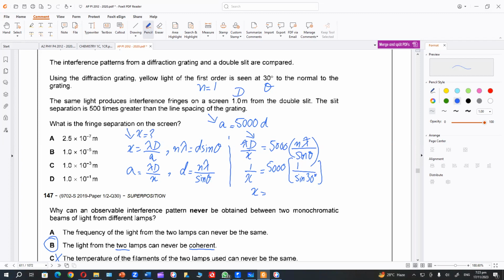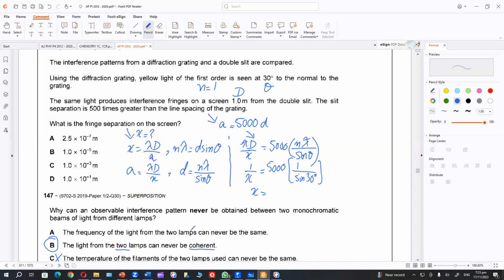Please get me the answer. So if you people can share the answer with me, I need to find x. Oh, it is 500.